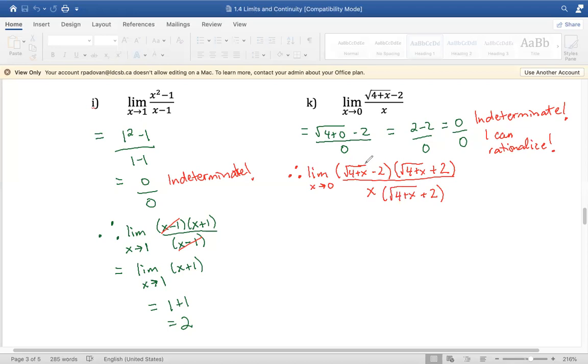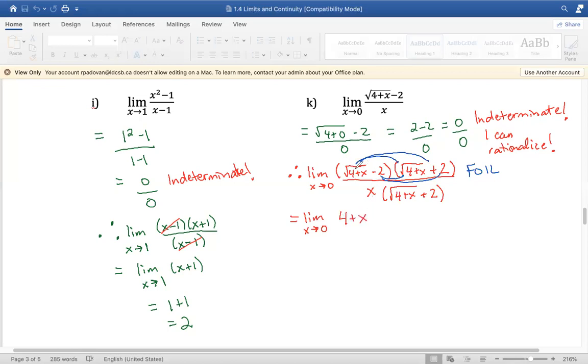Okay, so how does that help me from here? I have 2 binomials multiplied by each other, so what I can do is FOIL these, right? First, outside, inside, last. Let's go ahead and write that out. Equals the limit as x approaches 0 of the square root of 4 plus x multiplied by the square root of 4 plus x, or the square root of 4 plus x squared, gets rid of the squared and the square root, and I'm just left with 4 plus x after all that.